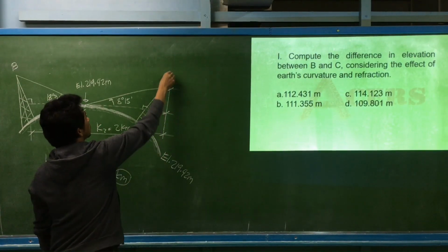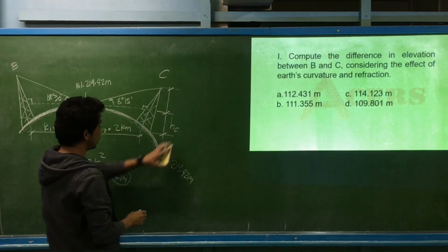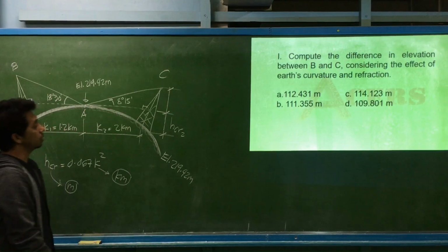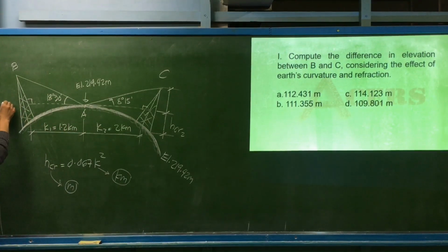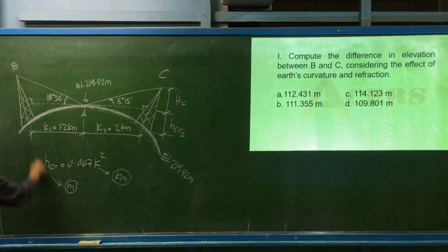So, let's say this is the error towards point C. Let's say this is h sub CR number 2, curvature and refraction. This is the height up to point C. Then on the other side, let's say this is the height of B. This is the error at point B.